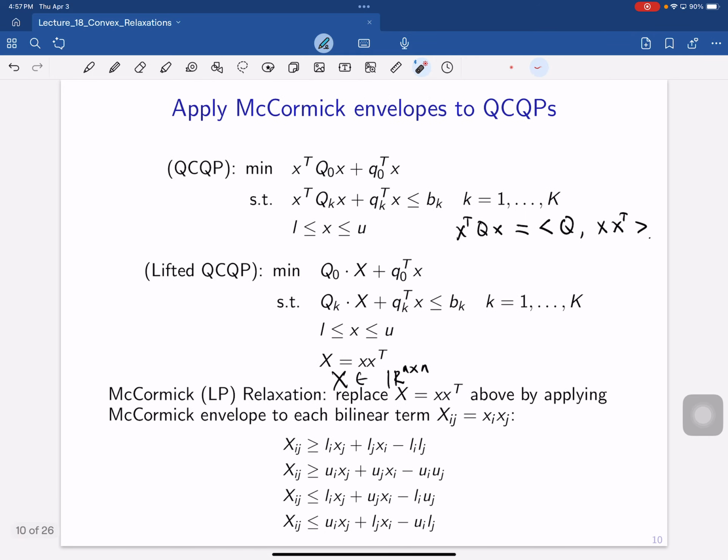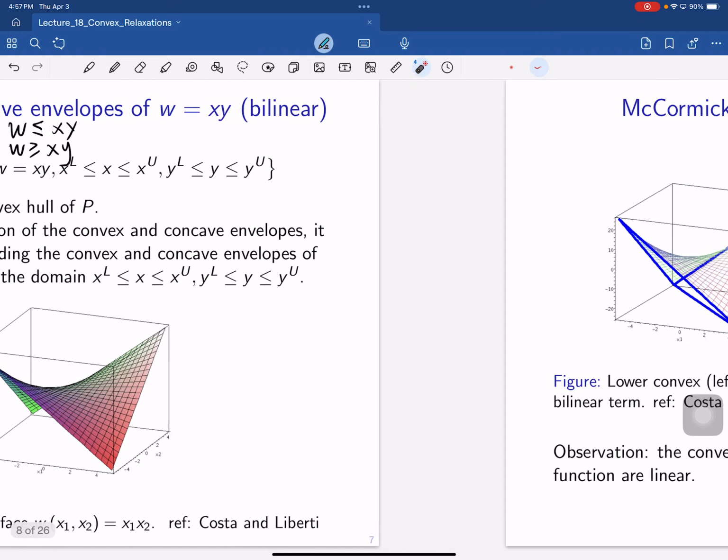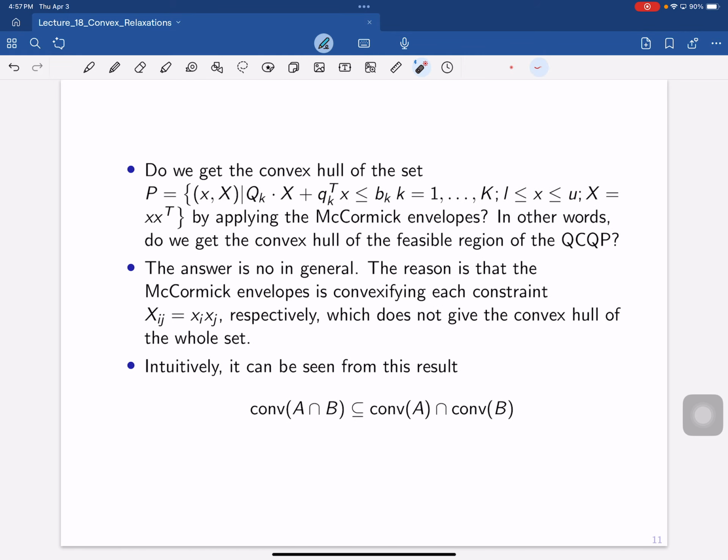By definition, the convex hull of the QCQP is defined by this set, right? You have to include all the constraints in the QCQP, and the X and the capital X have to satisfy all these constraints. So if you apply McCormick envelope to the feasible region of the QCQP, do you get the convex hull of the QCQP?